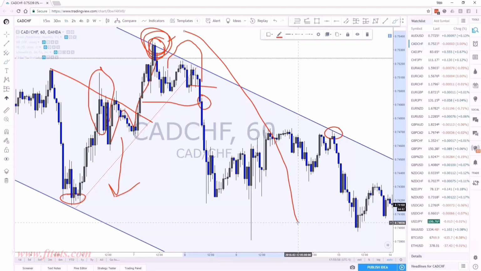If you just take the time to look at price and to read price, it's going to tell you everything that you need to know, because it's showing you the psychology of all of the other traders in the market. And the other traders are relying on indicators to tell them when to jump in, and those are the ones that are losing money.